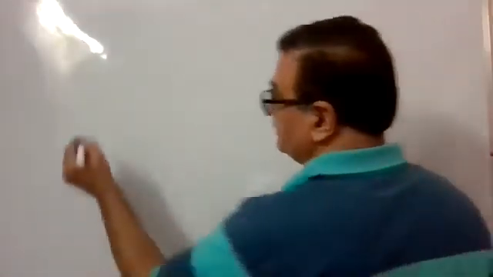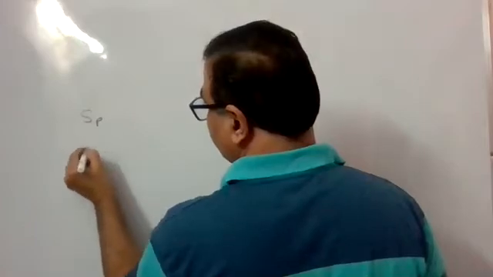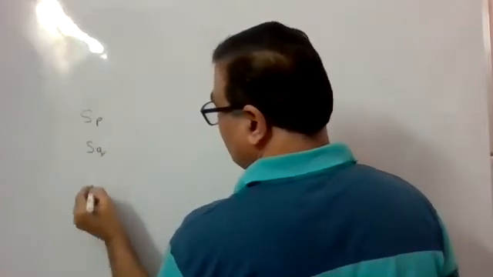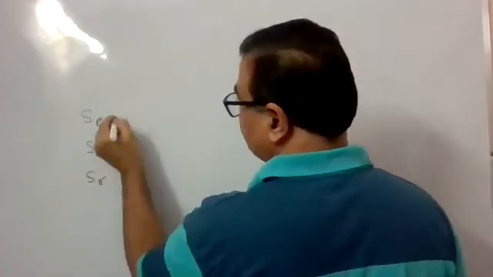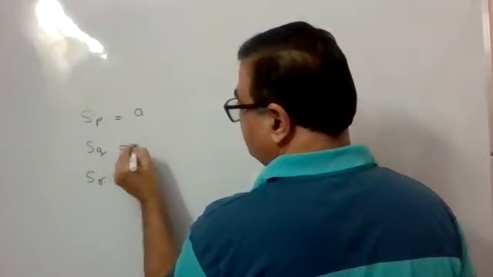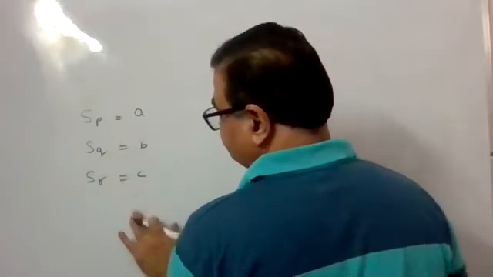Next question, please. The sums of the first p terms, q terms, and r terms of an AP are a, b, and c.